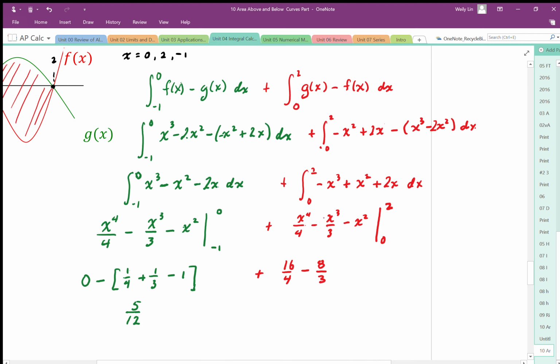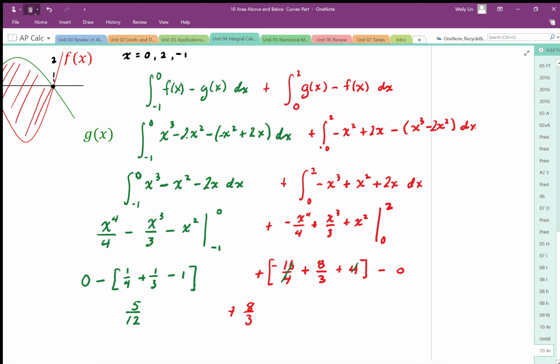Sorry, get my signs correct here. So it's going to be minus 16 over 4 plus 8 over 3, and then substituting that in, that becomes plus 4 minus 0. Okay, the plus 4 minus 4 cancels out. So we end up with plus 8 over 3.